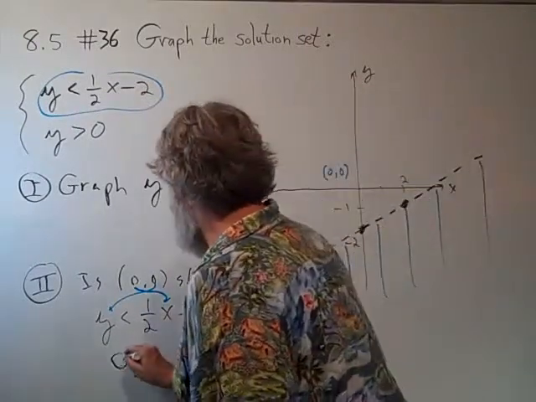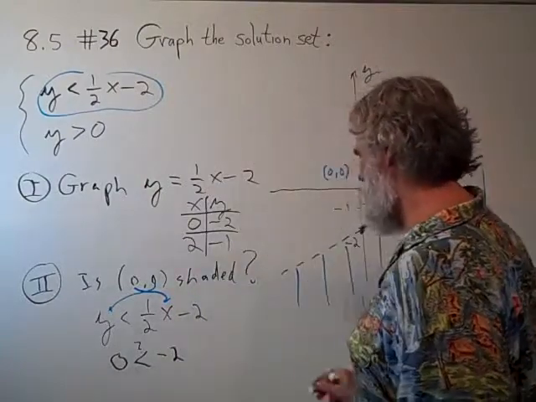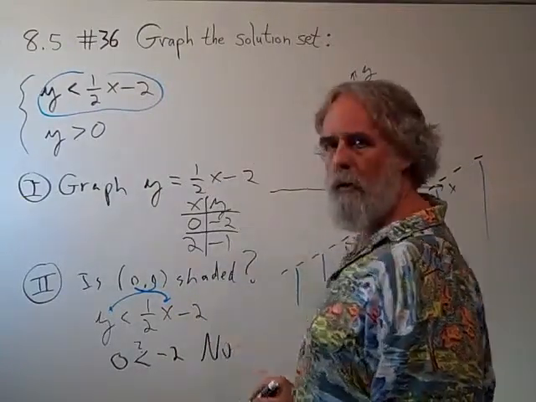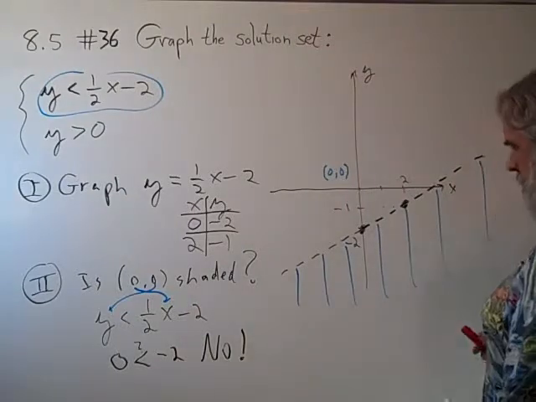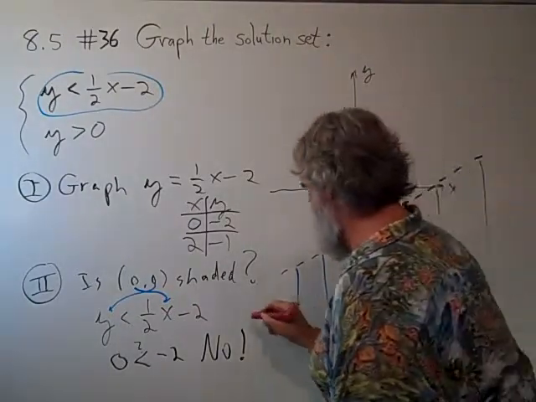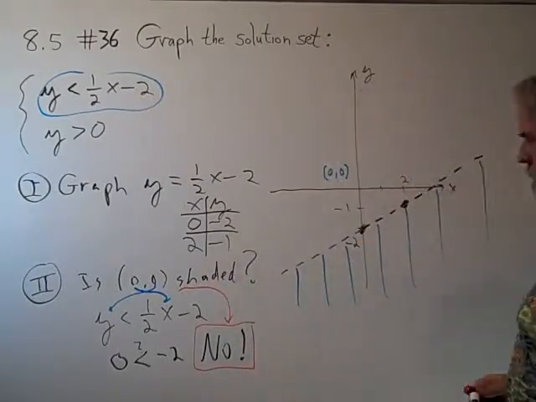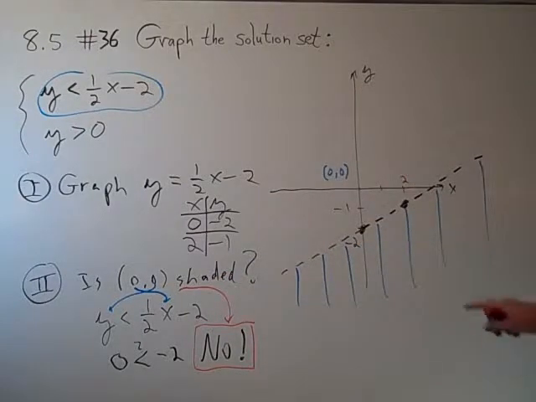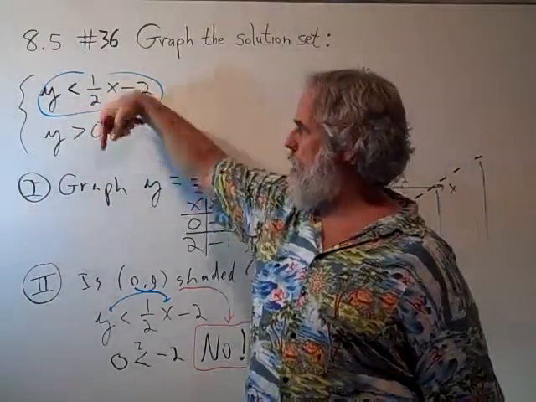Is 0 less than -2? No. 0 is larger than -2. Therefore, the answer to this question, is the origin shaded? No. As we saw, it was the downside, because y is less than means below.